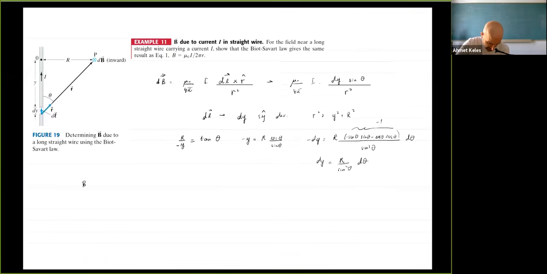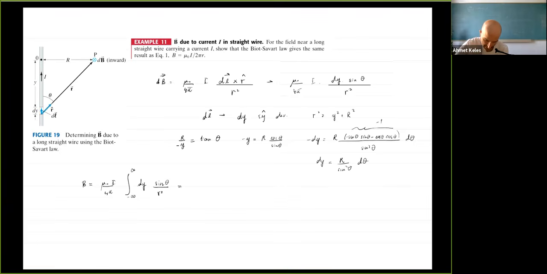Okay, now let's try to take this integral. So B is equal to mu 0 I over 4 pi. Maybe I can first write it in terms of y, from minus infinity to plus infinity of dy sine theta divided by r squared.